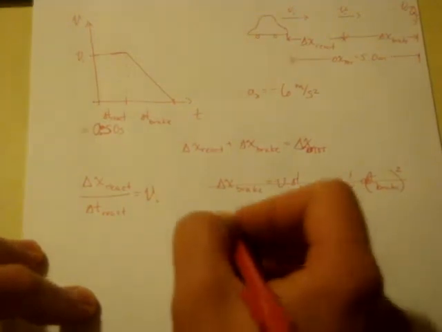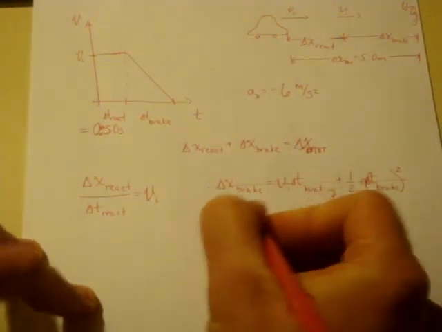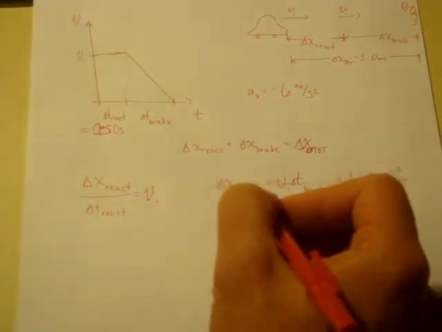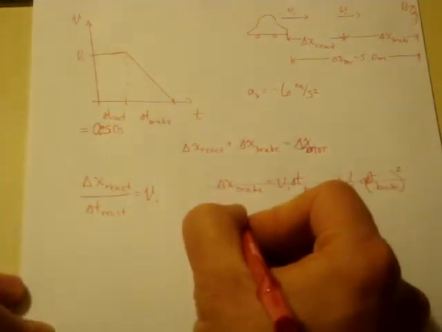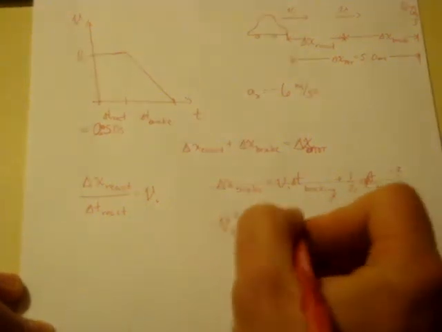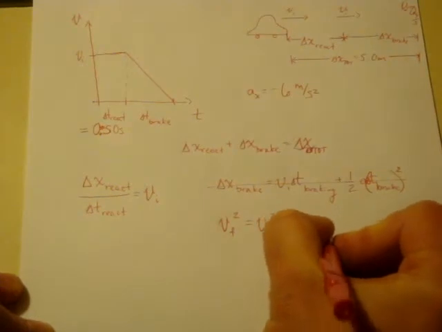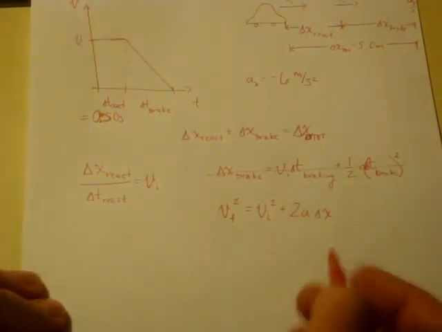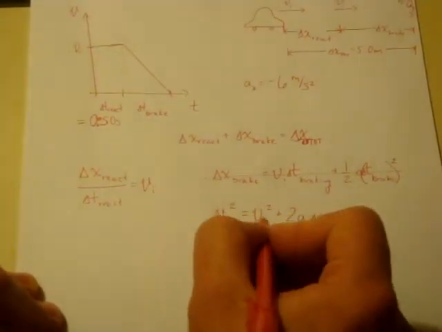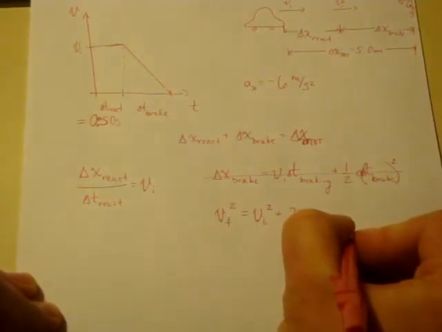So if we take the time and use an expression from the text that's derived from all these simple expressions for constant acceleration, we know that the final velocity squared is equal to the initial velocity squared plus 2a delta x. Now, delta x in this situation would be the displacement during the braking.